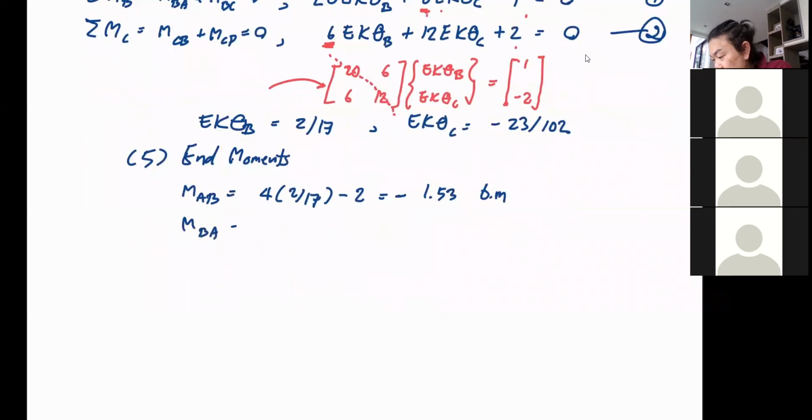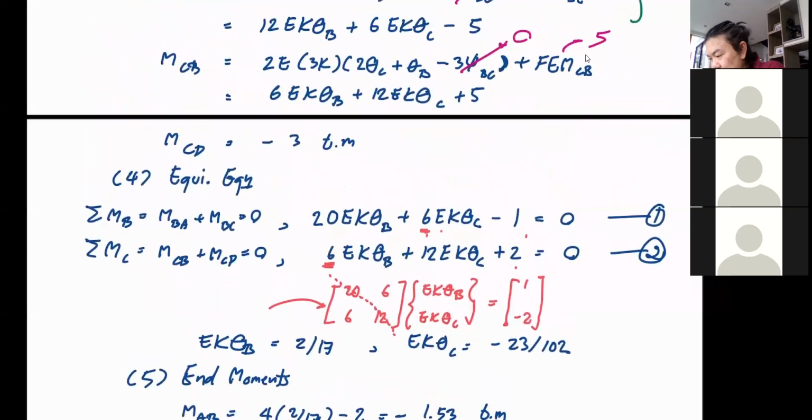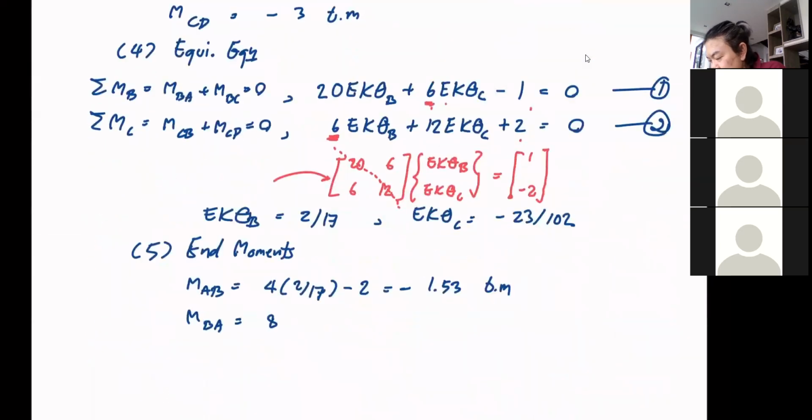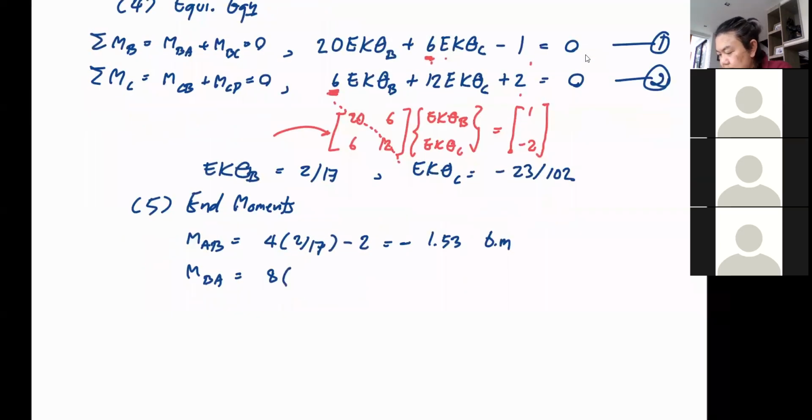MBA is now 8 EK theta B plus 4. So that is 4.94 ton meter.